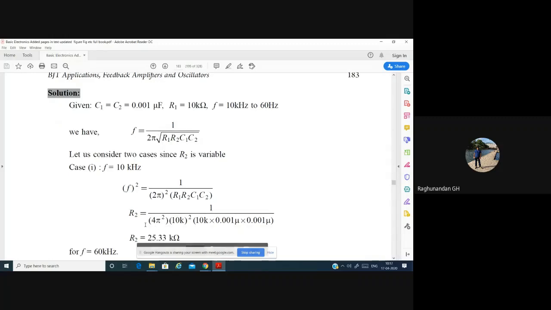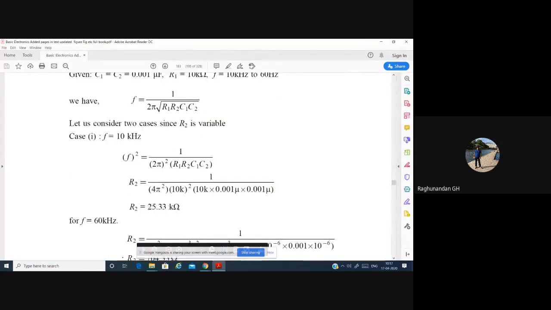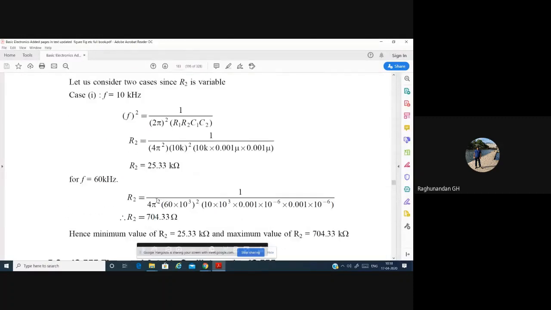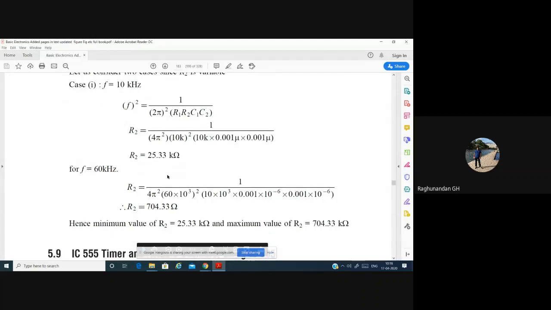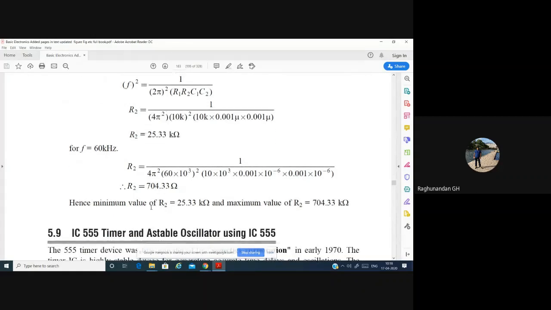Rearrange the equation for R2, substitute F equal to 10 kilohertz, and you get R2 equal to 25.33 kilo ohm. Next, for the second case, F equal to 60 kilohertz, again rearrange the same way, and you get R2 equal to 704.33 ohm. So 704 ohm is the minimum value of R2 and 25.33 kilo ohm is the maximum value.